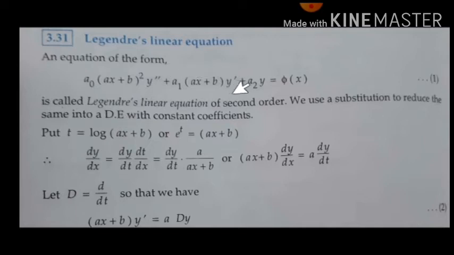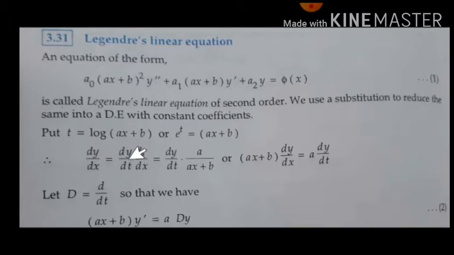So let me discuss now with only y dash. Y dash means dy by dx. When I convert all x variables in terms of the t variable with this substitution, I should see how this y dash and y double dash also get converted. So dy by dx, which can also be written in terms of t, I need to differentiate y with respect to t.